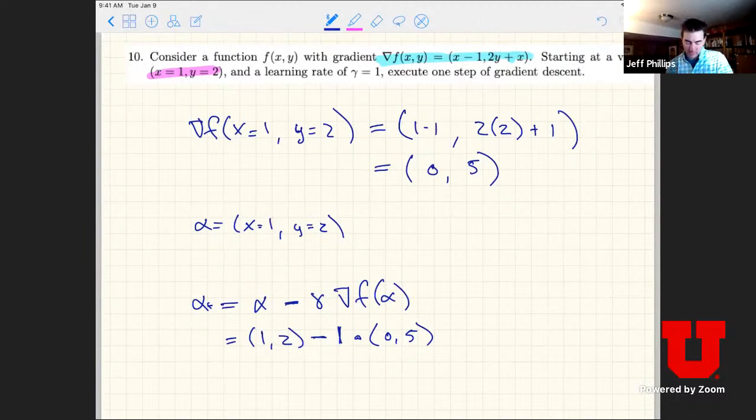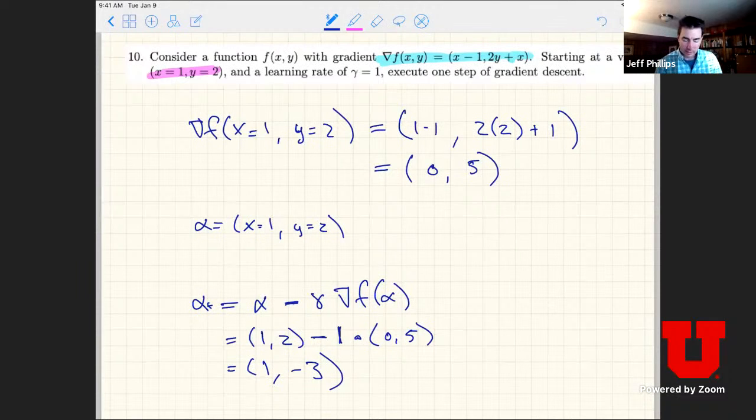If you wrote this, it'd be good, but let's just write it out. It's going to be 1 minus 1 times 0, which is 1, and 2 minus 1 times 5, which is minus 3. So this is one step of gradient descent.